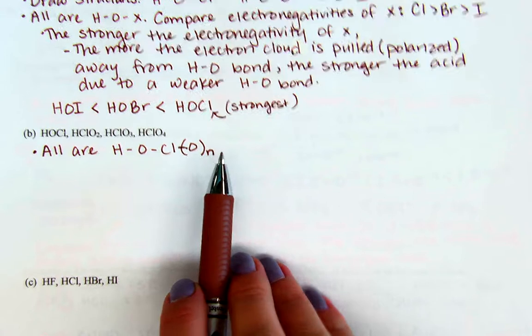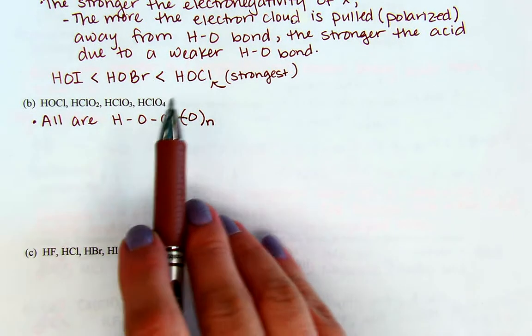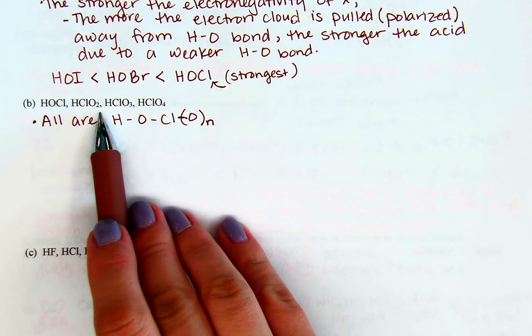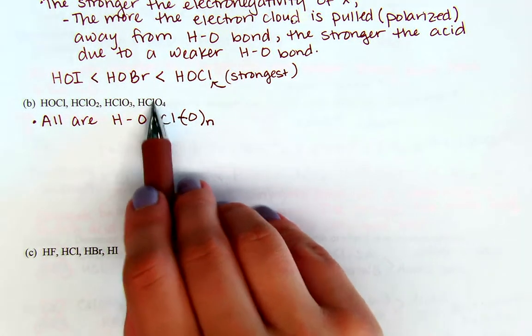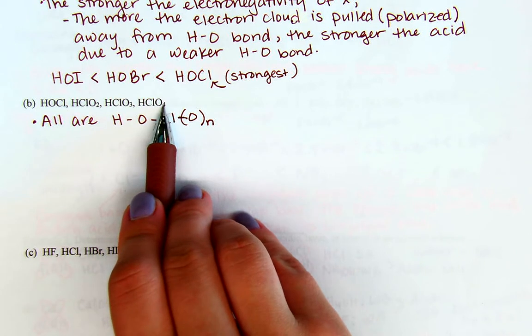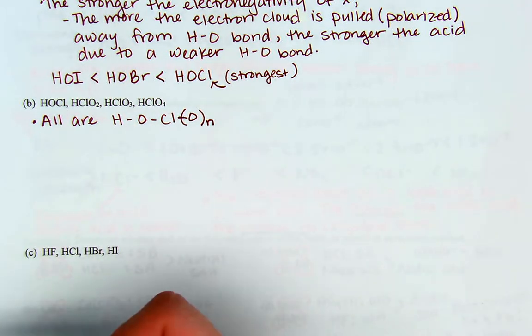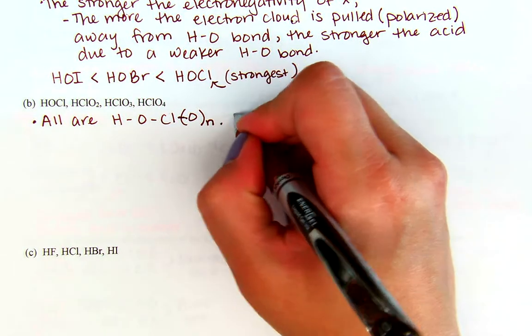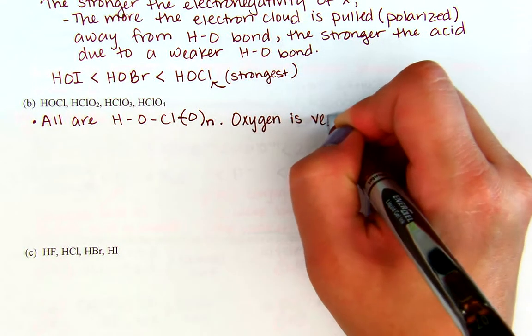So it stands to reason that if you have more oxygens, so if you have 4 oxygens versus 2 oxygens, you are going to be a lot more electronegative, pulling way more of those electrons away from the HO bond, and it's going to be a stronger acid. So oxygen is very electronegative.